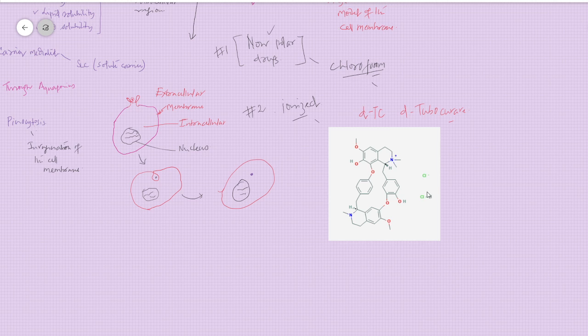This is a poisonous plant, and the property of this drug is that it's a neuromuscular blocker. Certain tribes in the Amazon rainforest dip their arrows. So what I'm trying to depict here is an arrow.